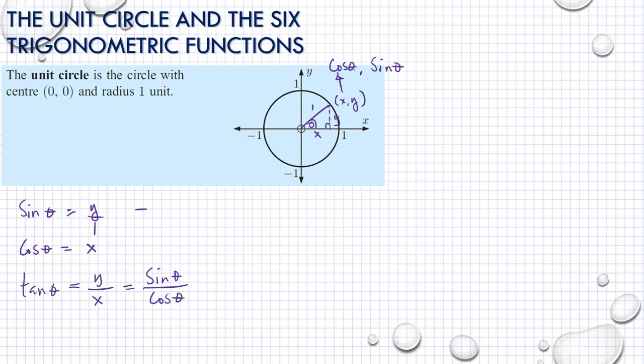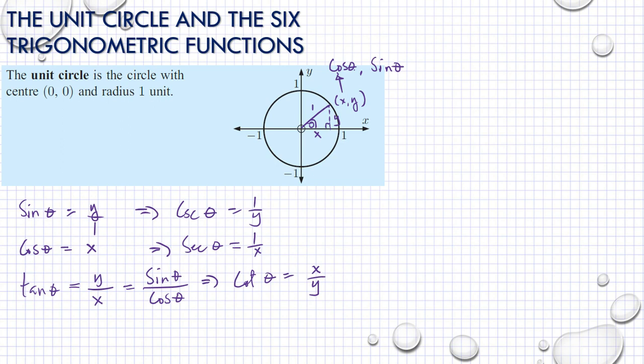Okay, and we have the reciprocal of sine, that is cosecant theta, that is 1 divided by y, and the secant theta, that is 1 divided by x, and the cotangent theta is equal to x divided by y.